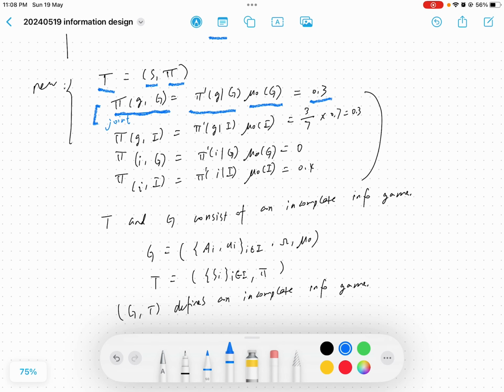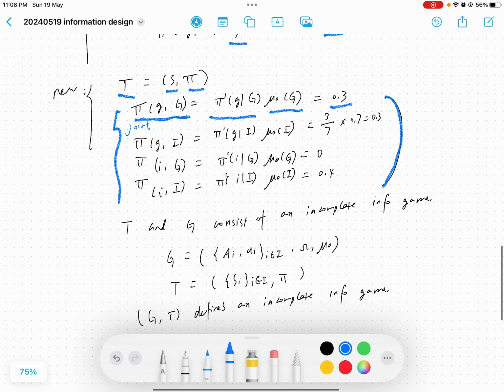Similarly, we can get all those pi's for the different combinations of the state and the signal realizations. Of course, those joint probabilities exhaust all the possibilities for this combination of S and pi.